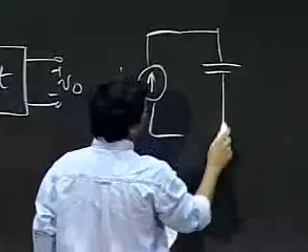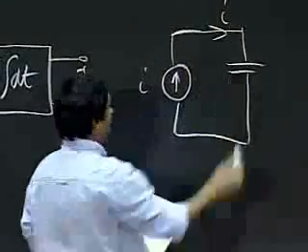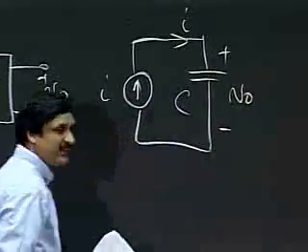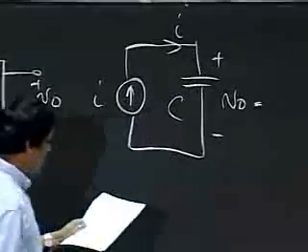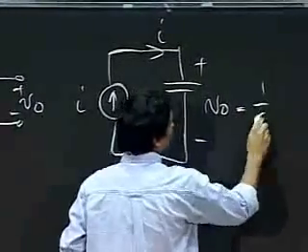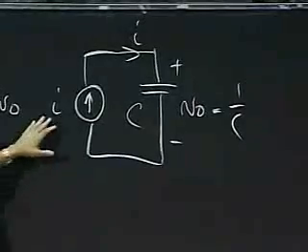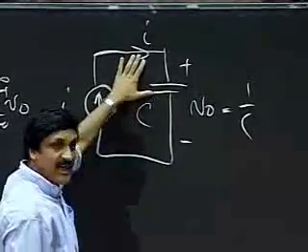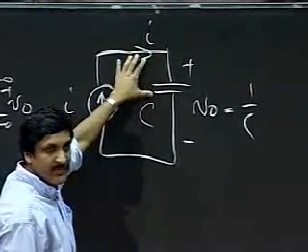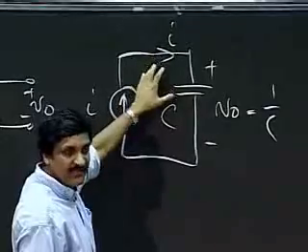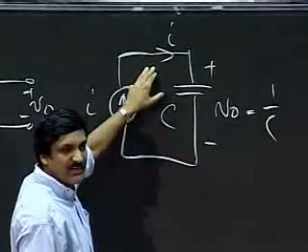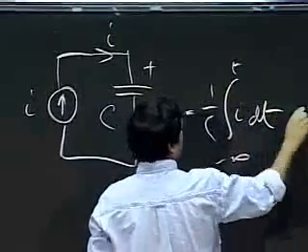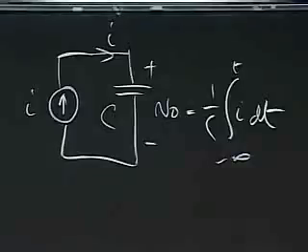And notice that if I stick a capacitor in here, this current is I, capacitance C, then my voltage V0, okay? My voltage V0 is given by what? My voltage is simply the integral of the current flowing through it. Okay, or vice versa, I is C dV dt. So if I is C dV dt, then V is simply 1 by C integral of I dt.